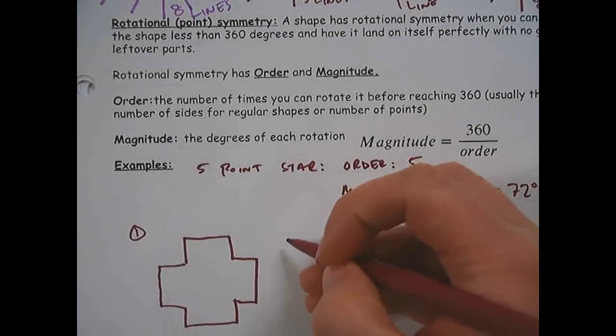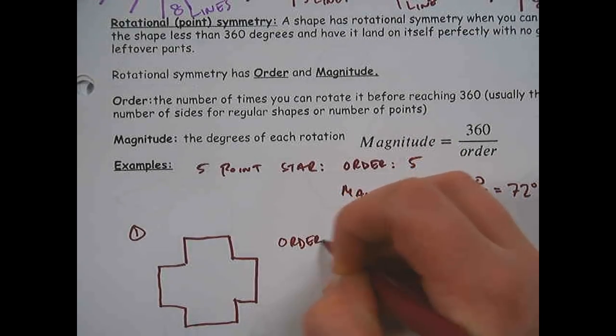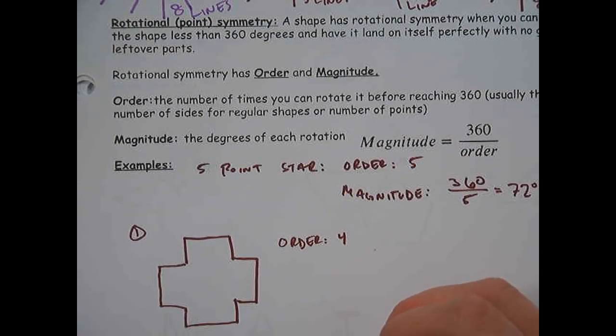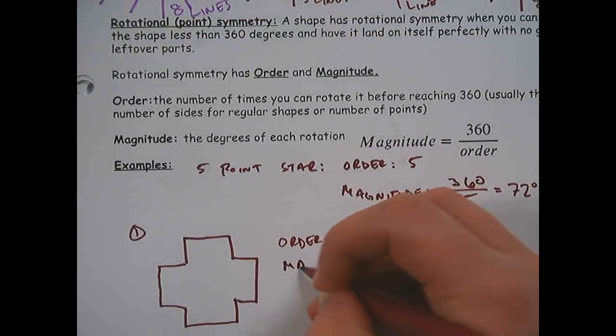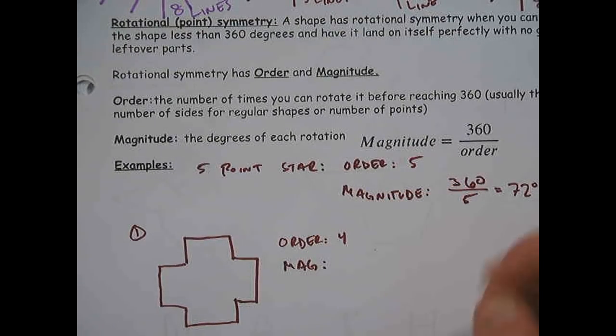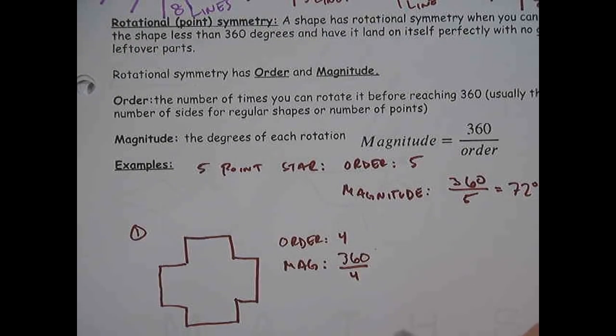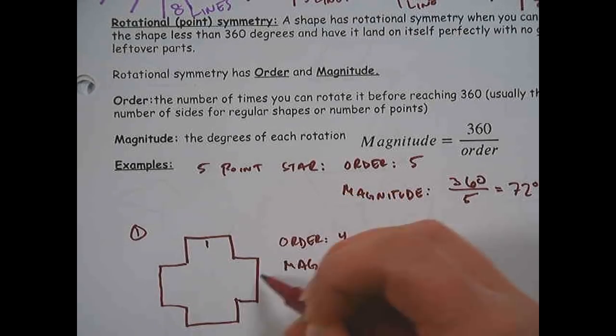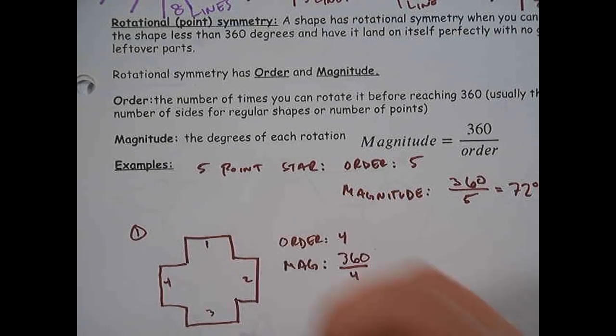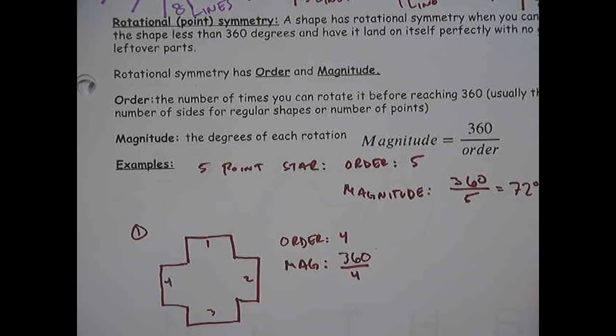So that means that our order is going to be 4. And then the magnitude, I'm just going to abbreviate it to mag, is 360 divided by 4. And you can test this again by turning it and seeing if it looks like itself again. And it will do that 4 times, because think about it, we've got 1, 2, 3, 4 points, just like we had 5 points on the star.